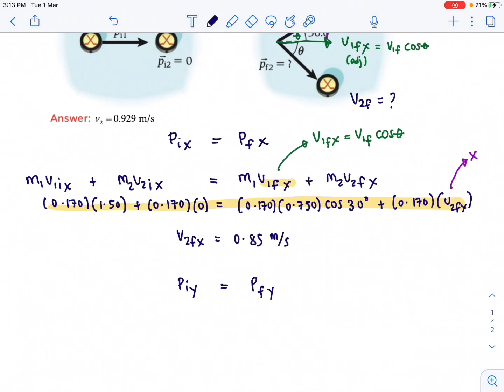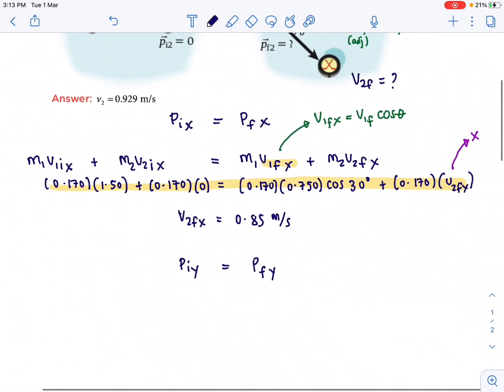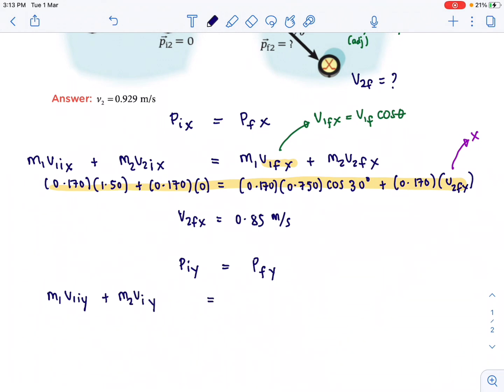So I would use this same expansion once again. I will have M1 V1 initial on the y-axis plus M2 V2 initial on the y-axis is equal to M1 V1 final on the y-axis plus M2 V2 final on the y-axis.